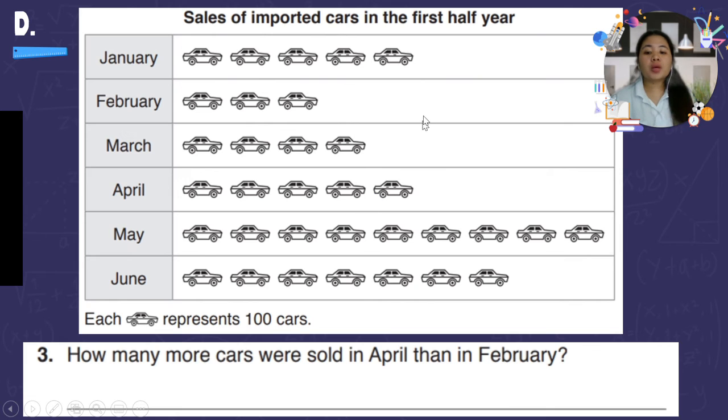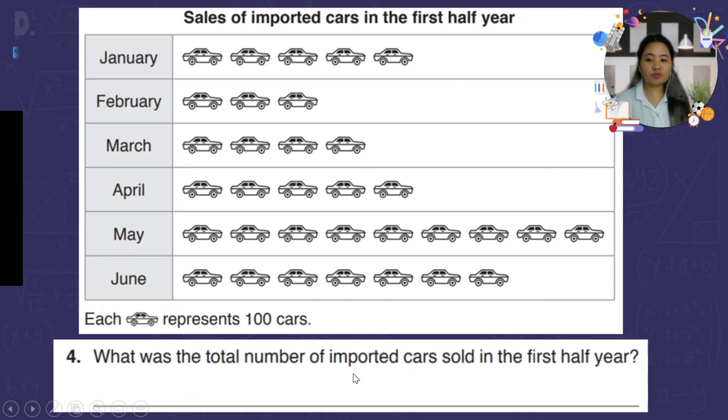The answer is 2. So 2 times 100 is 200. So number 3 is 200 cars. Good job. Very good, everyone.